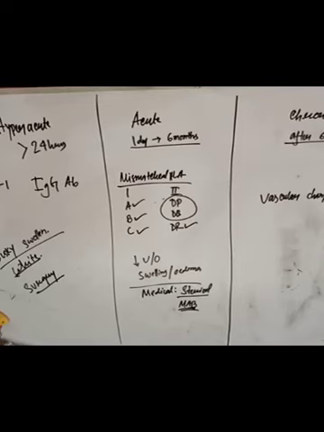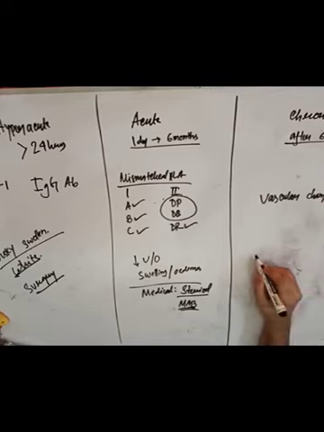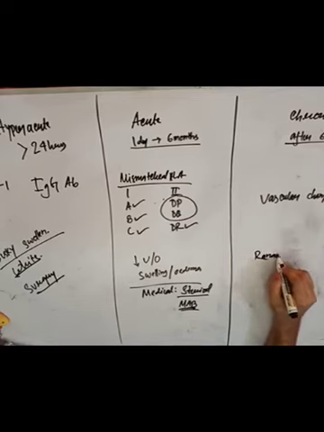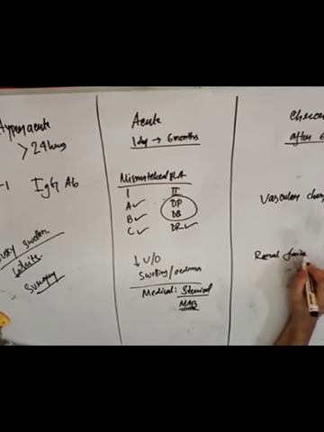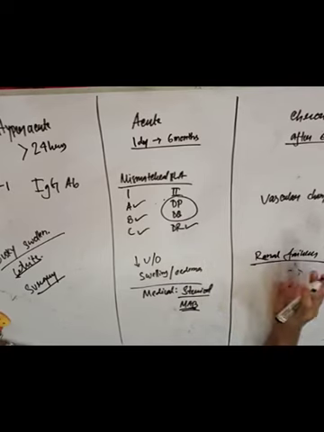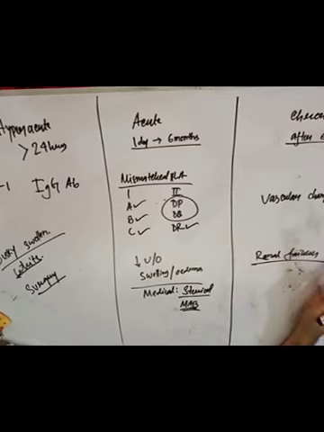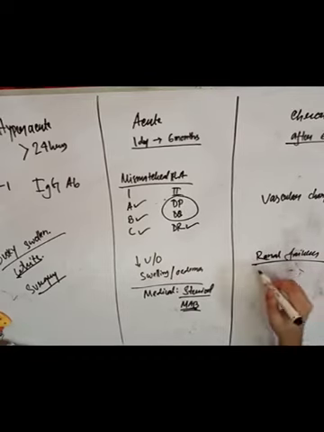And chronic rejection will present with features of renal failure after the first 6 months of surgery. And the goal of immunosuppression is actually to prevent or to delay chronic rejection.